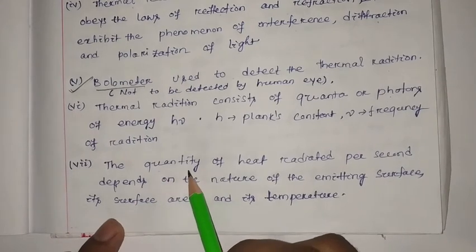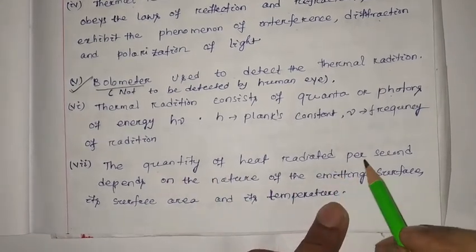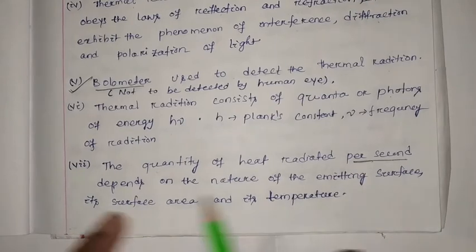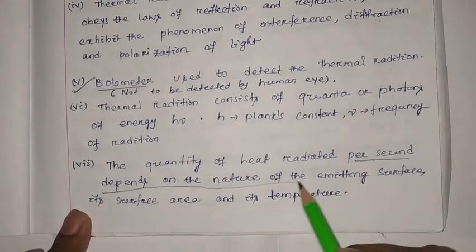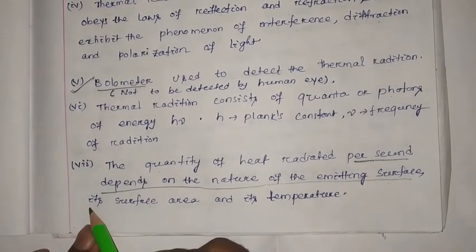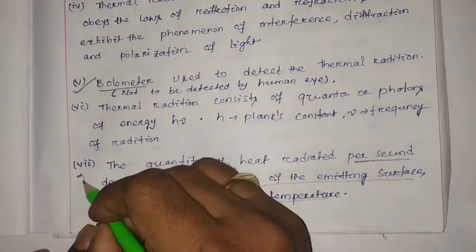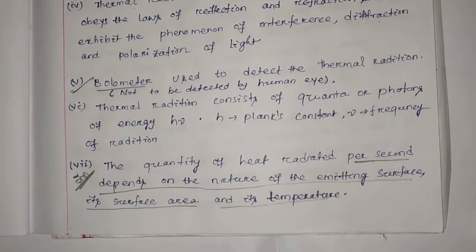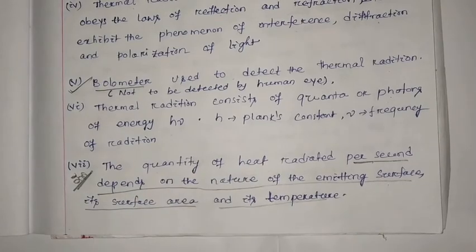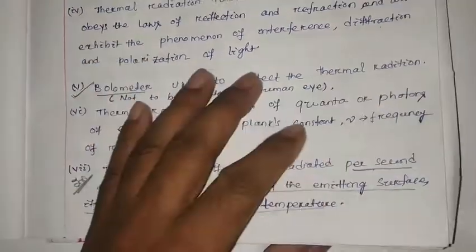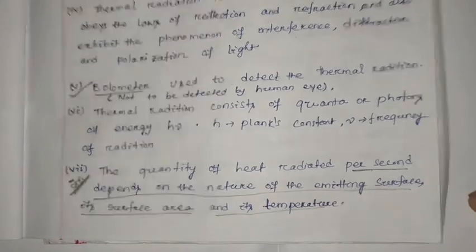The quantity of heat radiated per second depends on the nature of the emitting surface, its surface area, and its temperature. This point is most important, and will be required in our forthcoming classes.